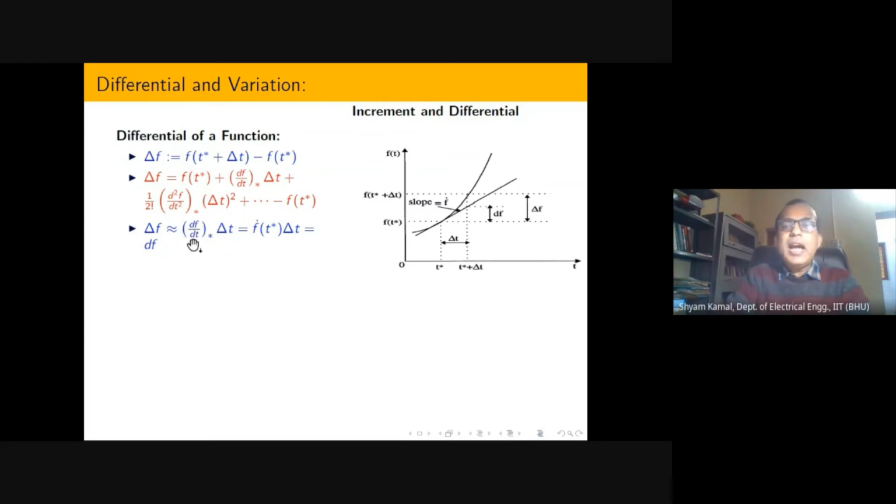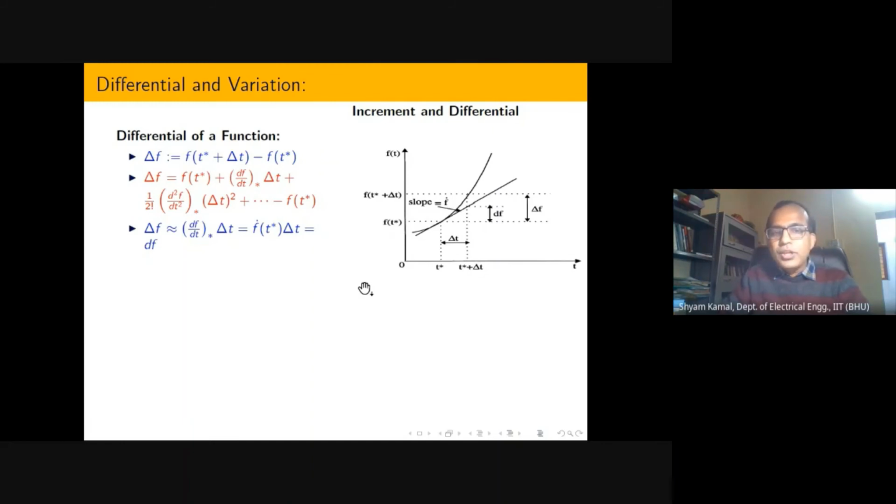Here df by dt, I'm just taking the one-dimensional case. So in this figure I'm interpreting everything. You can see that I have t star, and here I have incremented to t star plus delta t. Corresponding to that I have some f of t star, and after that f of t star plus delta t. And delta f is called the differential. So the differential is nothing but the difference of these two.